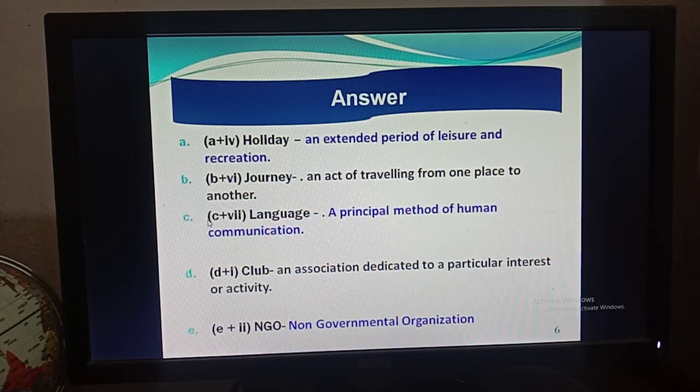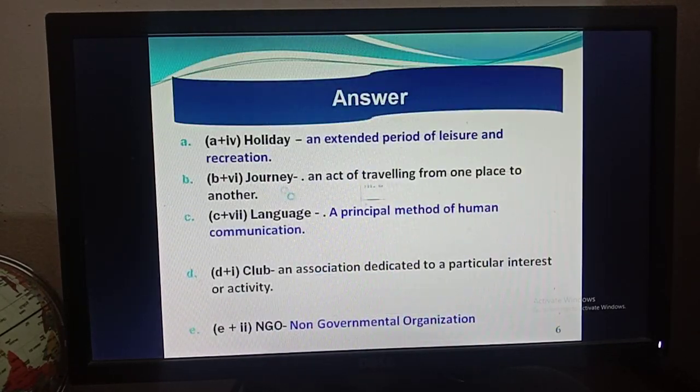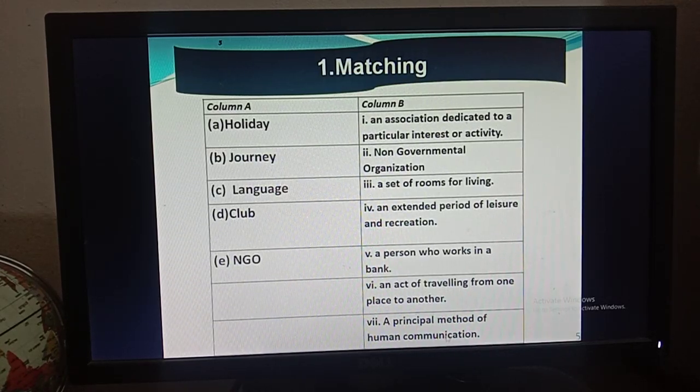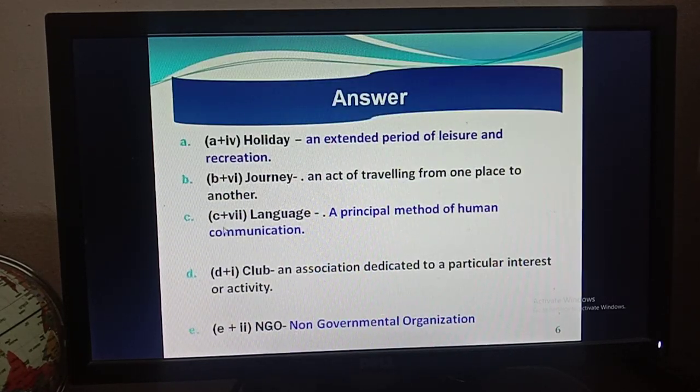Then C is language. Language goes with number 7 of column B, a principal method of human communication. So you will write like this: C plus number 7 of column B, then language, a principal method of human communication.